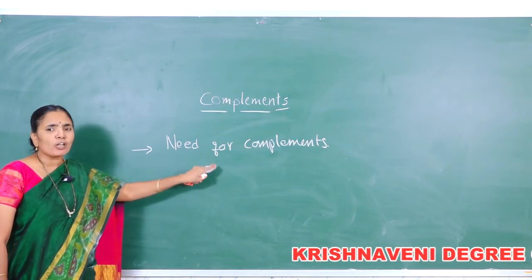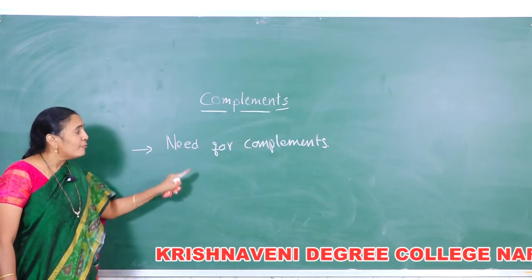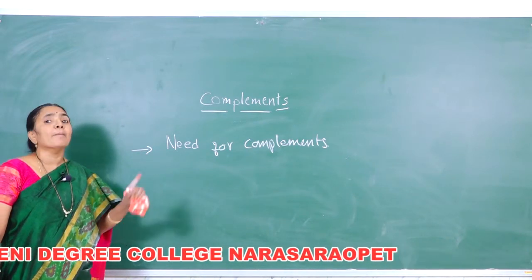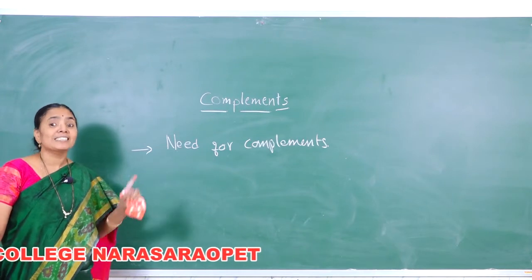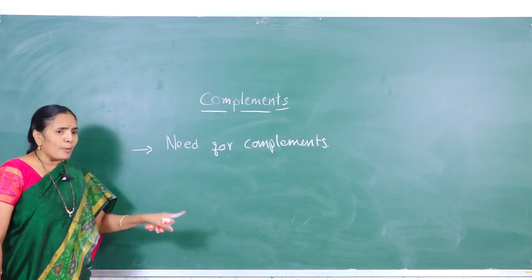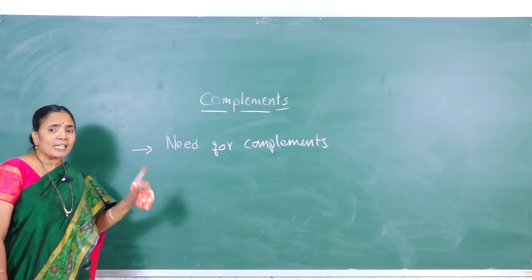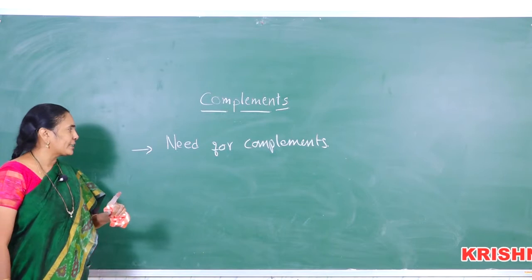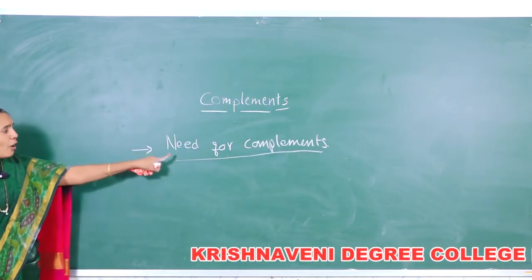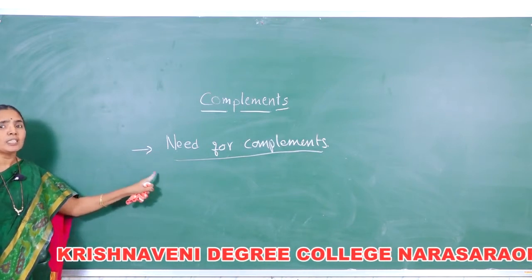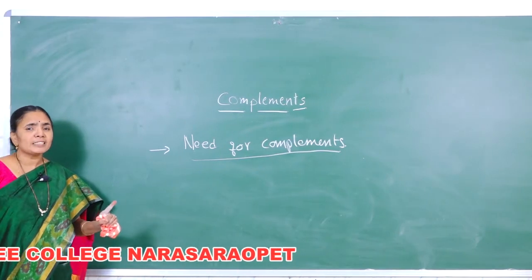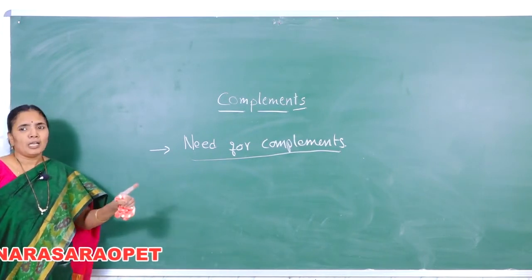In order to reduce the cost of the digital system, we provide all the arithmetic operations using a single circuit, that is the addition circuit. By using the complement method, you can do subtraction using the adder circuit. So, this is the need for complement. Complements are used to reduce the cost of the digital circuit by performing subtraction through addition.